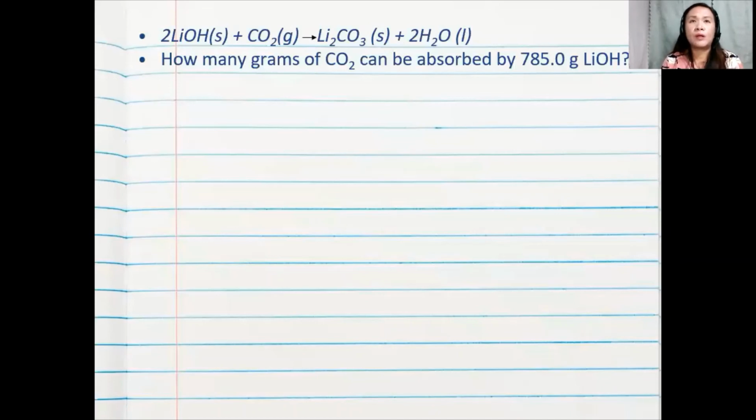Let's say what you want is 2 tablespoons of sugar, 1 tablespoon of milk, and 1 teaspoon of coffee. If that is your preferred amount, you cannot just put anything. You cannot put 2 tablespoons of coffee, it will be too bitter for you. So it's the same with stoichiometric problems.